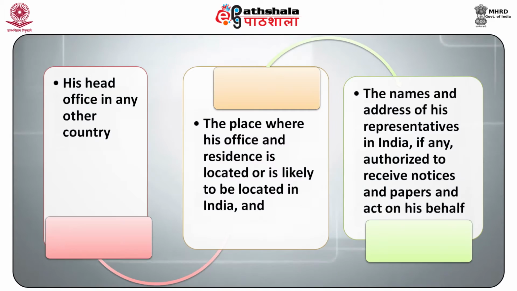Sixth, if the applicant has not hitherto been assessed in India, he shall indicate the following in Annexure 1 of the application: A. His head office in any other country. B. The place where his office and residence is located or is likely to be located in India. And C. The names and addresses of his representatives in India, if any, authorized to receive notices and papers and act on his behalf.